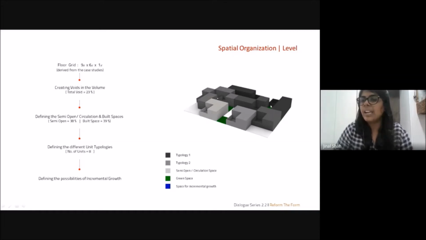And the remaining spaces, these semi-open spaces, were either converted into green covers, or they are the spaces where you can further build if and when the densities increase. So this was basically a system where you could define the relation between semi-open space, green space, incremental growth, and the built volume.